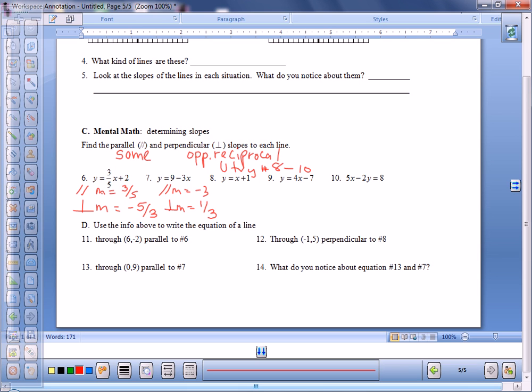So for number 8, what is a parallel slope? 1, a perpendicular slope. Okay. Number 9, parallel slope. Perpendicular slope. Okay. Number 10 was a little trickier.